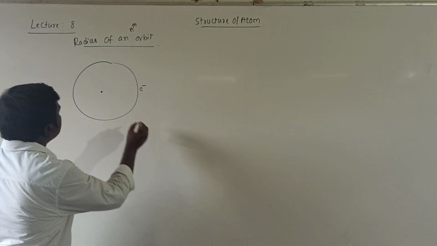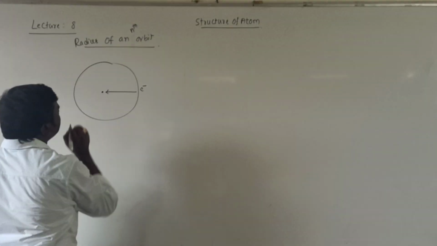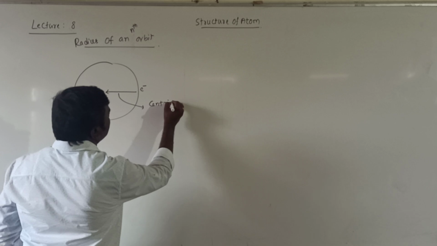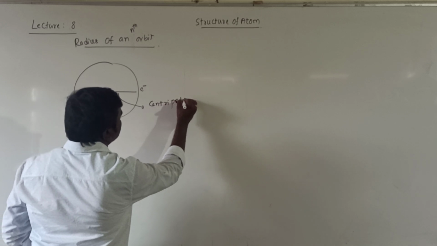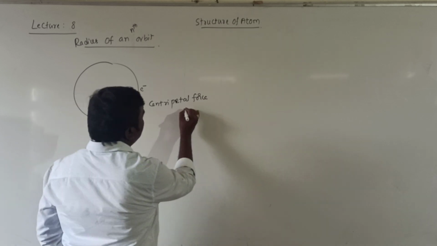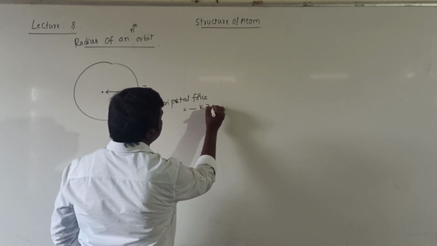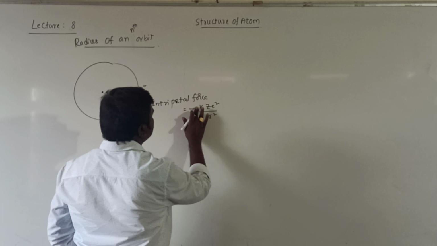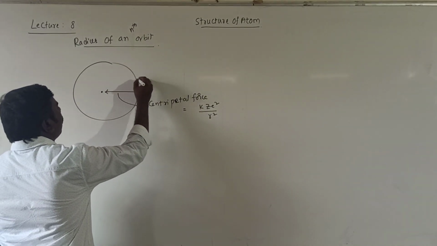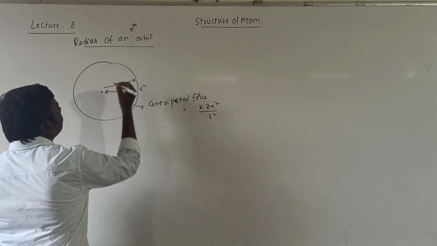Now, this is the attractive force. This is called centripetal force. Centripetal force is equal to kZe square by r square. And another force also opposes this.